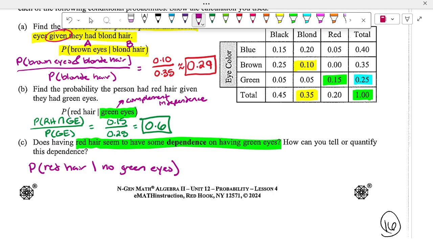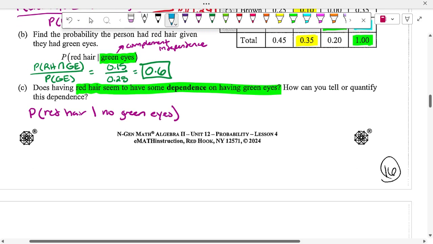So what's the formula for independence? Is it overly common? Not really.